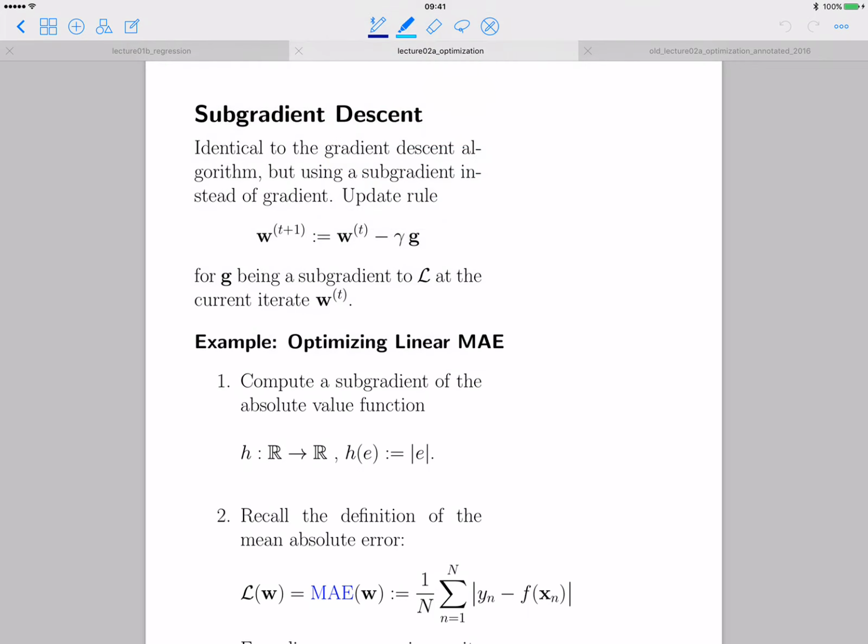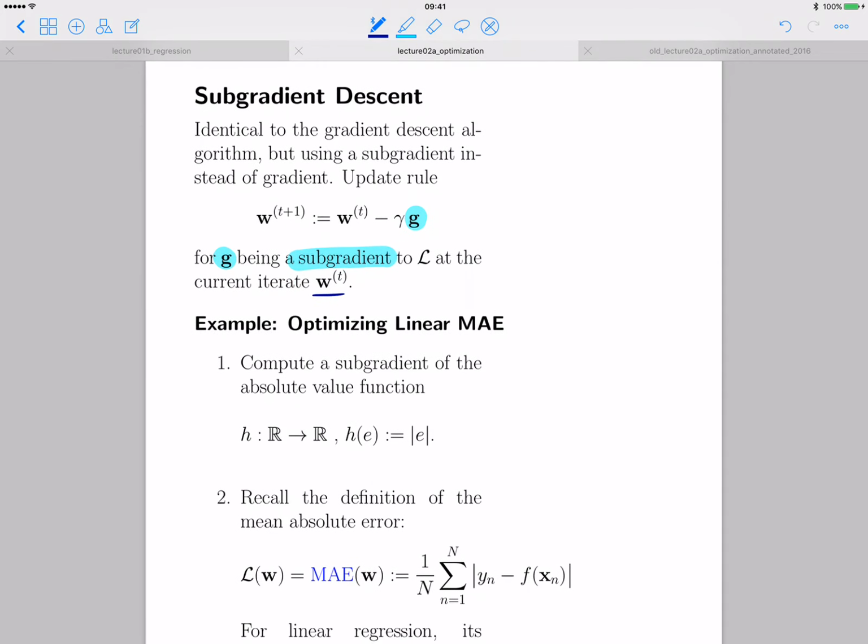So here again, I'm somewhere at w, and I will want to find a vector which is a subgradient at where I am. And if I find such a vector, then I will use it to perform a step exactly the same way as we have seen, just as with gradient descent.